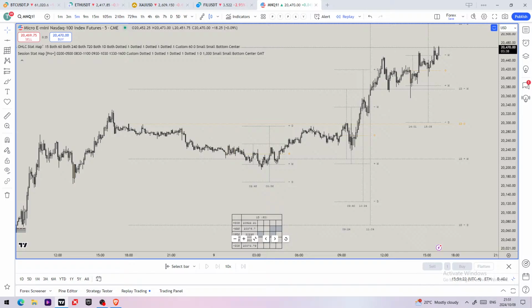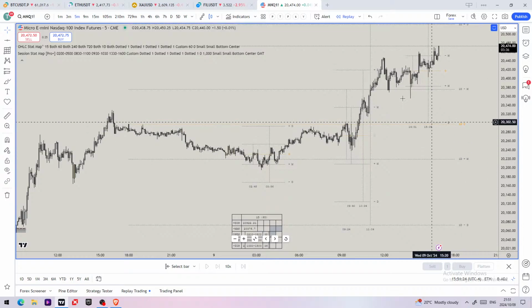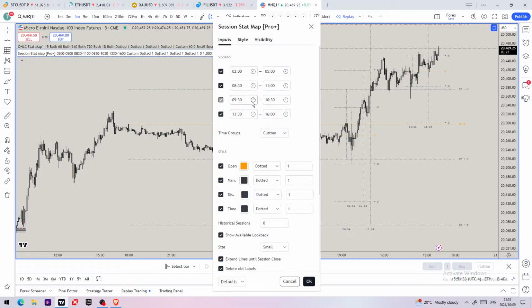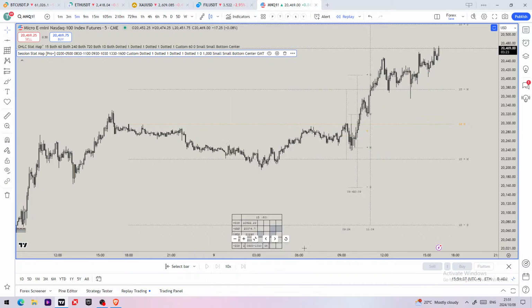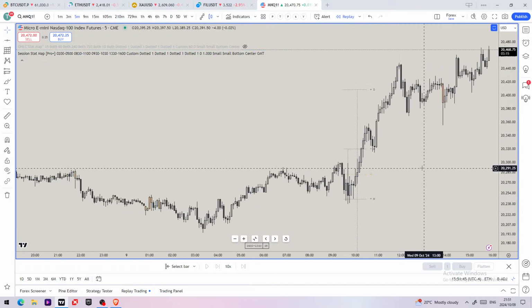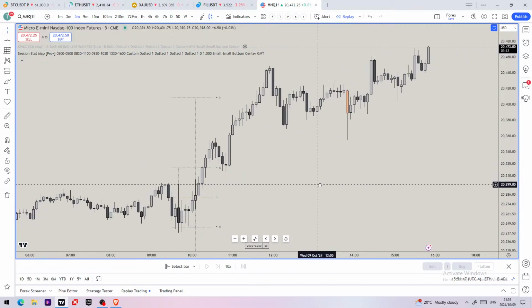Gokul, you could try it for yourself, brother. You could input that into the indicator. There's 9:30 to 10:30, for example, right? Put it into the indicator and it would spit out the open. Now, how interesting is this?